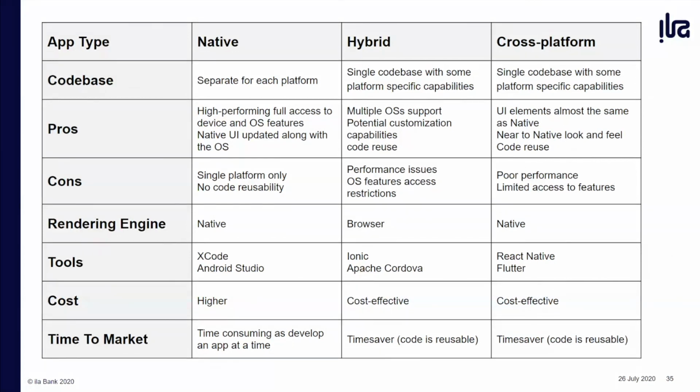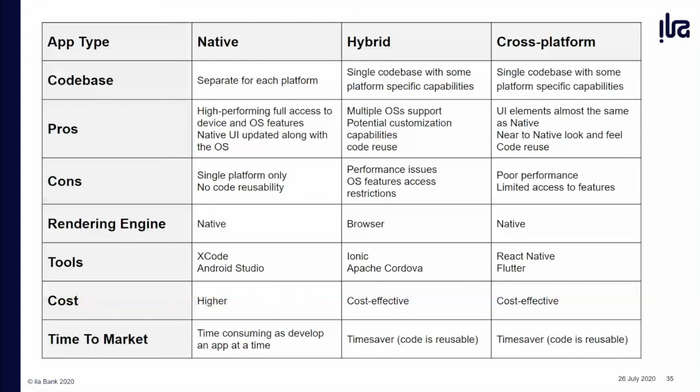Hybrid is using the browser. It's not using the native rendering engine. This might be one of the big factors why hybrid has poor performance. And cross-platform, similar to native, is using the native rendering engine.